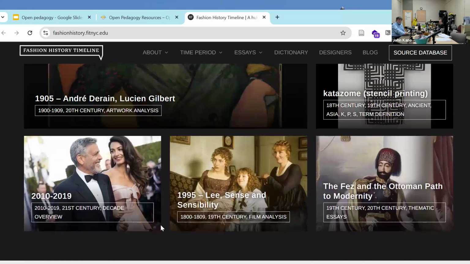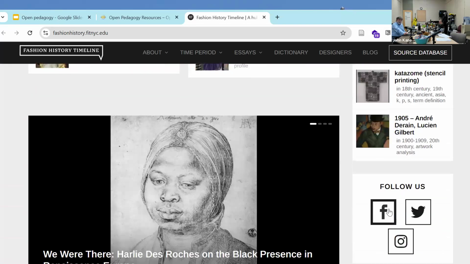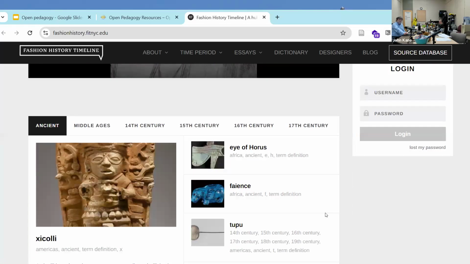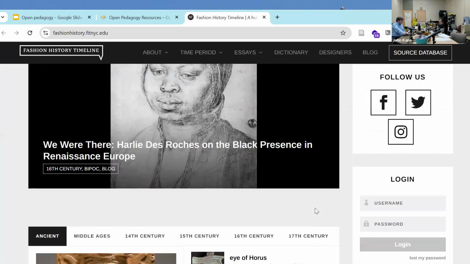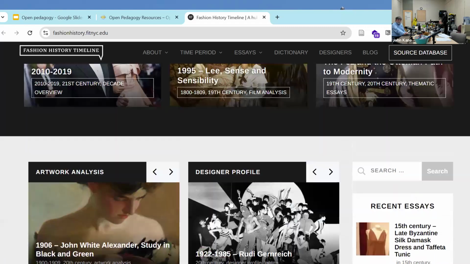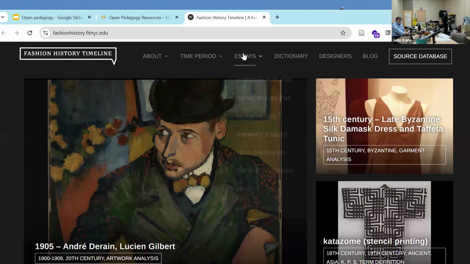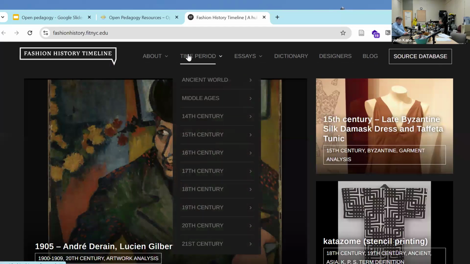You can see here, for example, the 2010 to 2019 entry and 1995, the Fez and the Ottoman Path to Modernity. They're all nicely tagged, and there's a lot of really great material in there, which is a nice way of having students learn about the history and evolution of fashion. There's more added to this site every year. There are some essays, and you can sort it by time period.